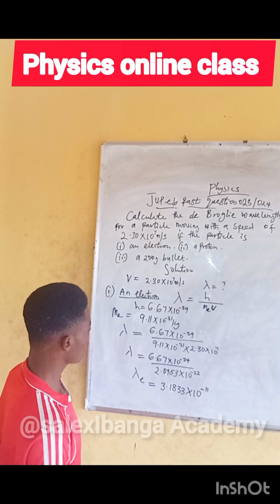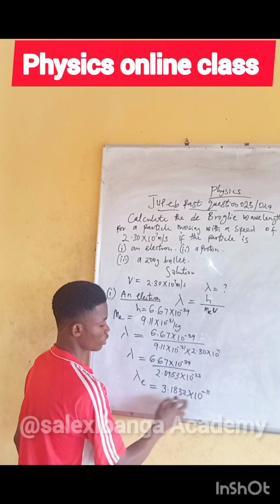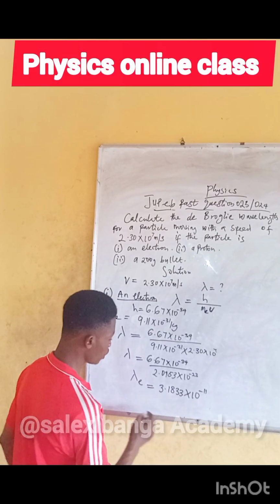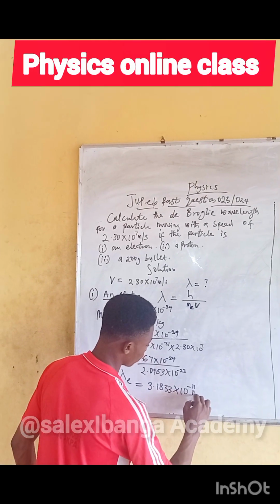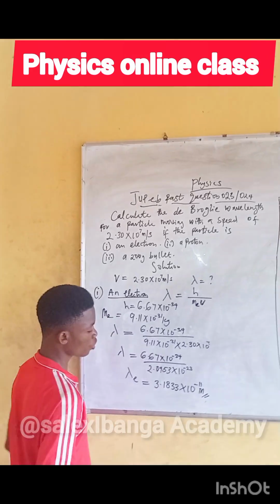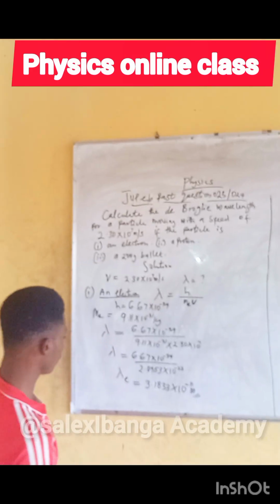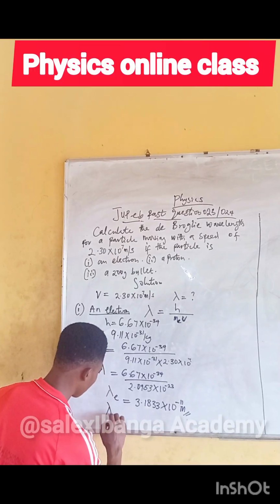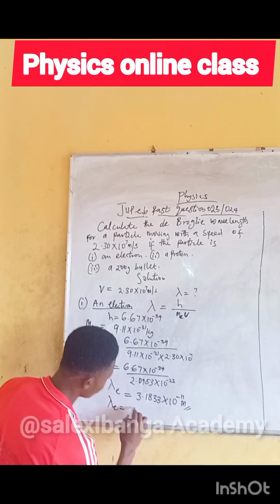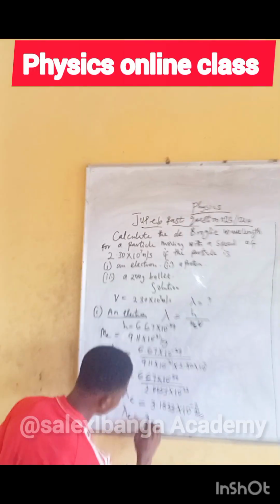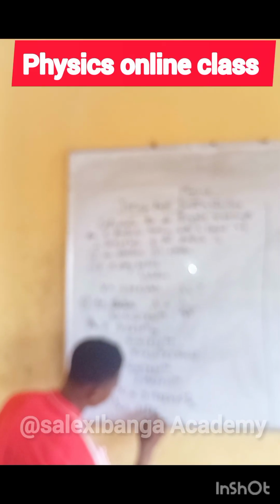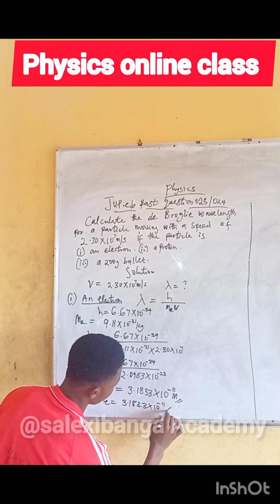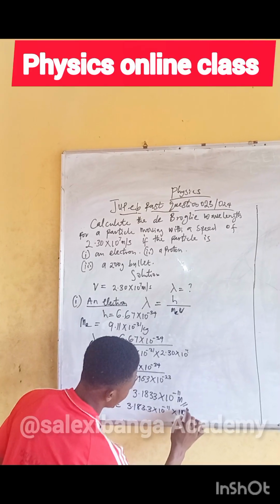But you can quickly keep this in terms of nanometer. At this point, you need to remember that lambda is in meter. So taking this to nanometer, we have that lambda for electrons is 3.1833 times 10 raised to the power minus 11 times 10 raised to the power 9.